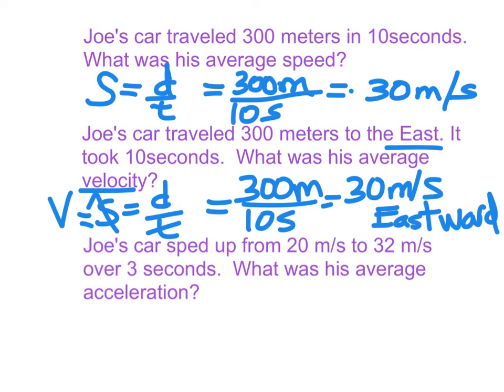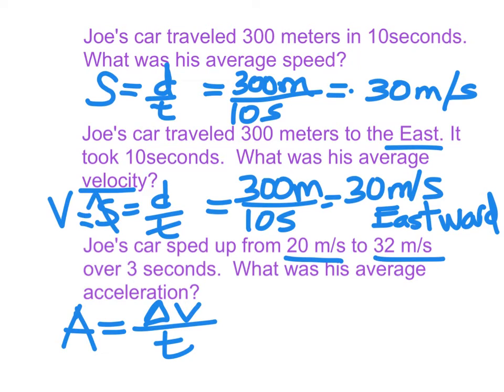For acceleration, you're going to need to write the acceleration formula. This is where you get to draw a delta, because acceleration is delta v, the change in velocity, divided by time. So what's the change in velocity? Well, you need to go look and see what was your starting velocity, what was your ending velocity.